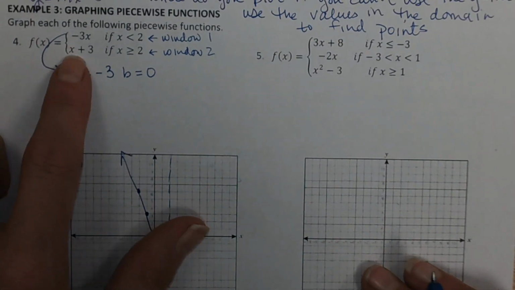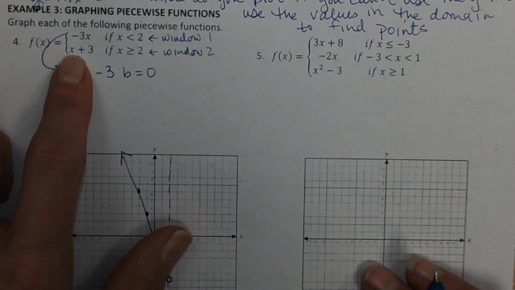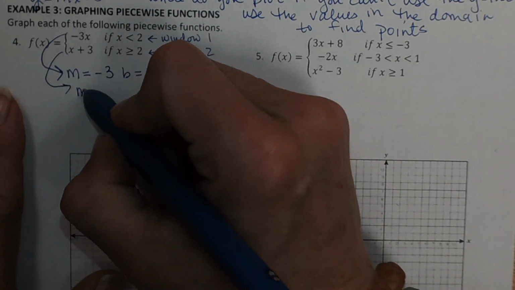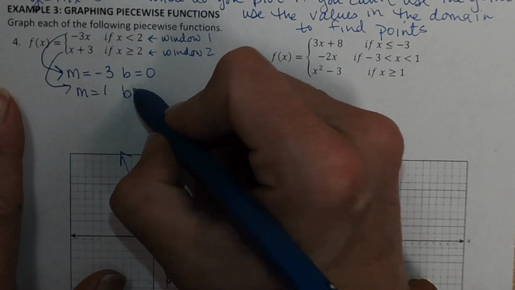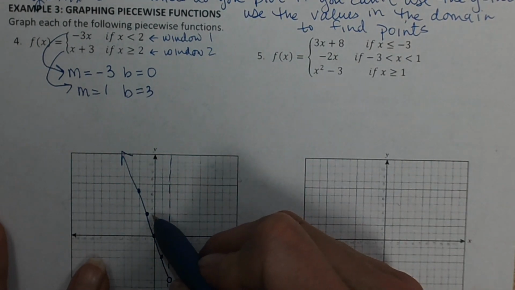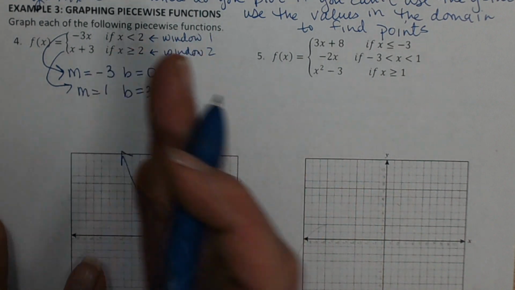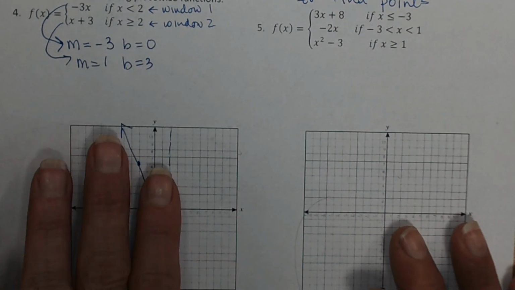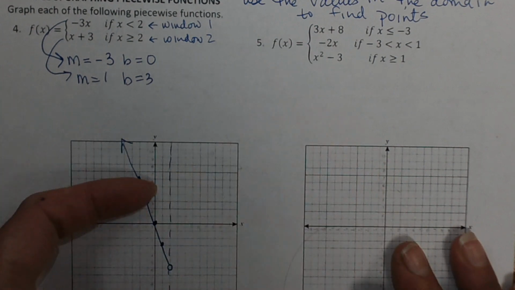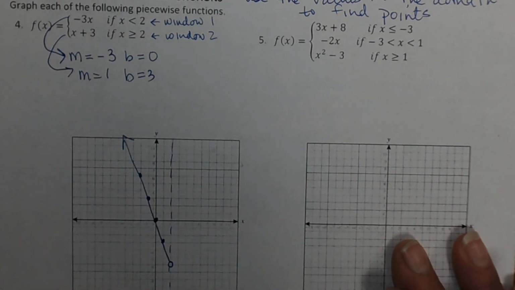Then I look at my second equation, and this is when my slope is 1 and my b is 3. Well, the problem is that I can't graph anything in this section of the window, in window 1, because this graph is for window 2. So I don't have access to that y-intercept.